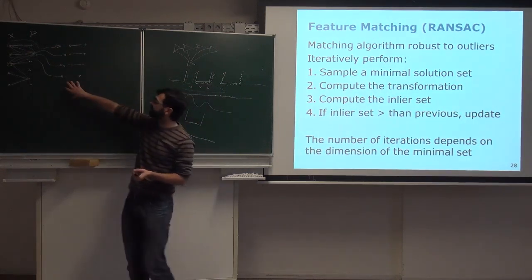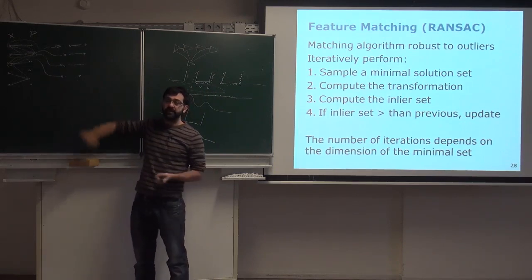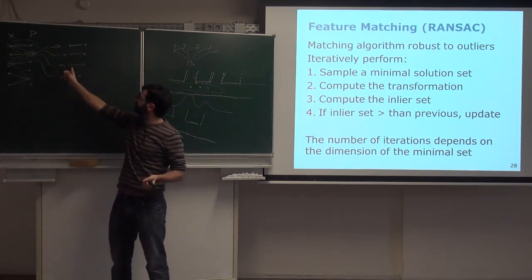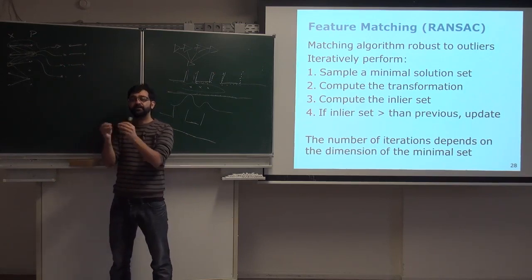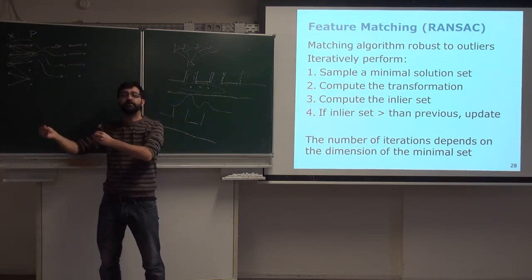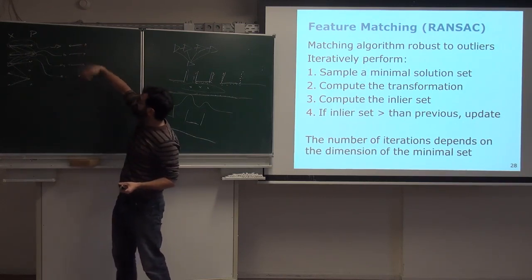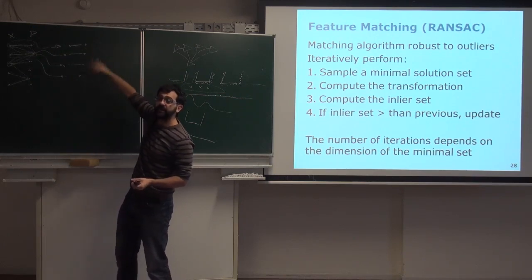In this case, we have another election. We are voting for the best transformation. And the problem is that each single individual cannot vote for a transformation. So now we need to find the subset of individuals that can vote for one, okay? So you simply randomly take 2 of them, they vote for one, and then you check how many of the others agree on that.